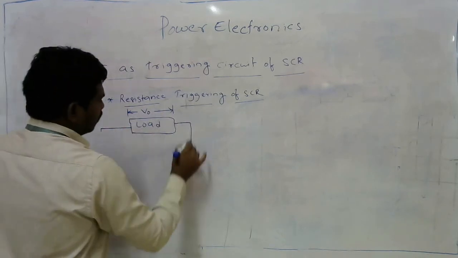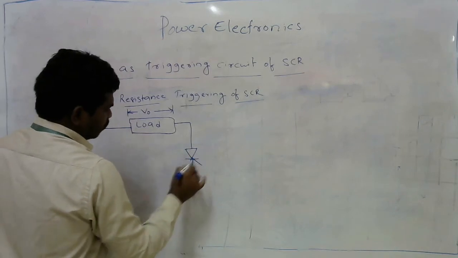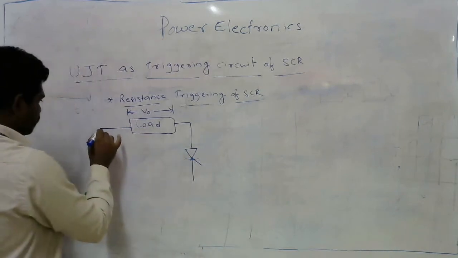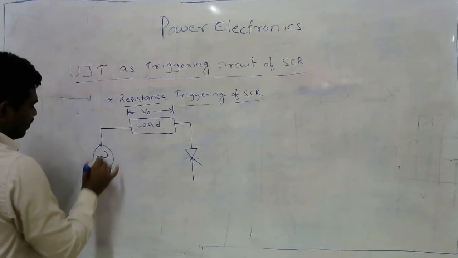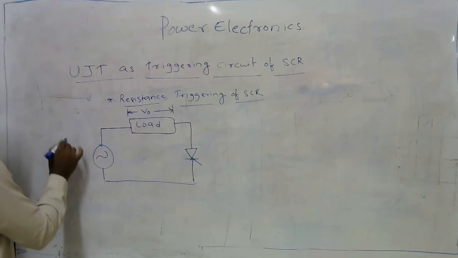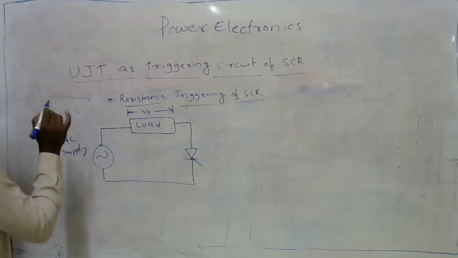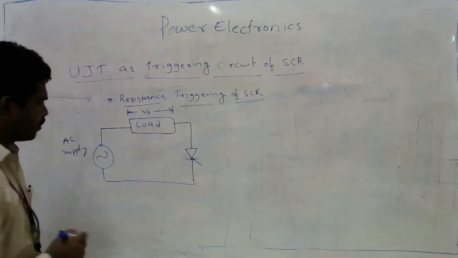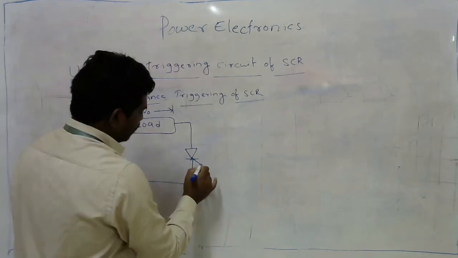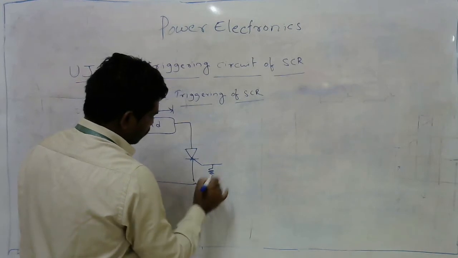Then there is one SCR connected here, and I am giving AC supply to this. Please remember, it is AC supply, it is not DC supply. Then to trigger this, this is the way that I am representing.